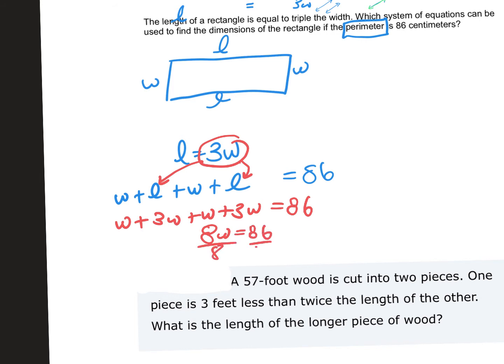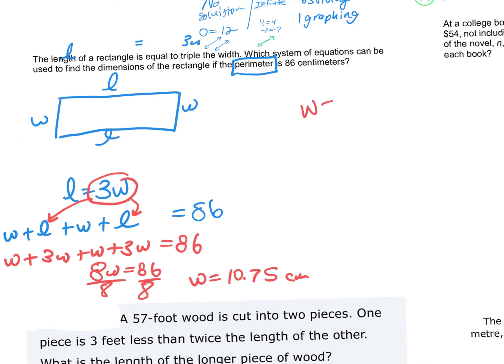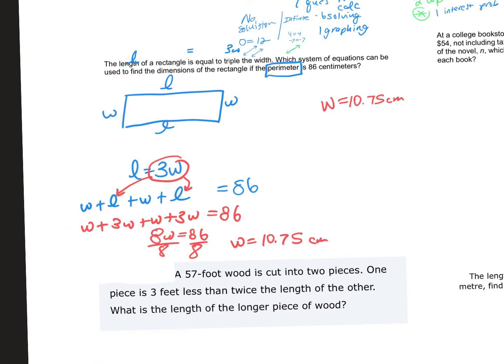Divide both sides by 8, and you guys will have a calculator for the word problems. So 86 divided by 8 is 10.75 centimeters. All right, big deal. I found out what W is. So I know that W equals 10.75 centimeters. How do I find out what L is?